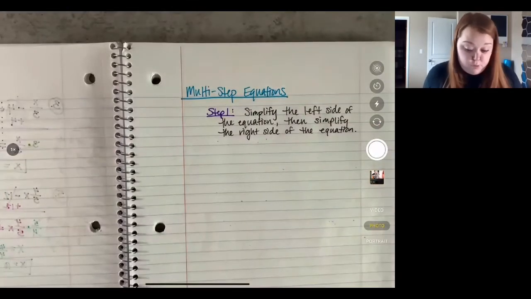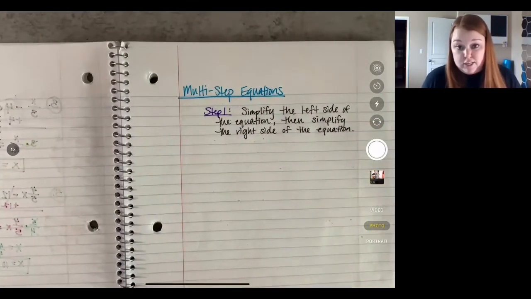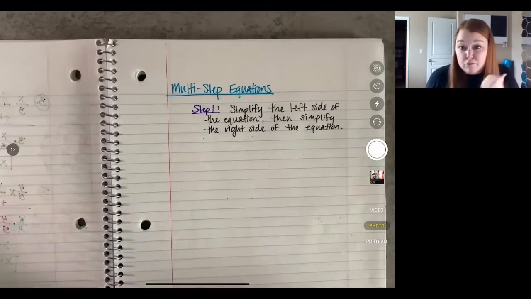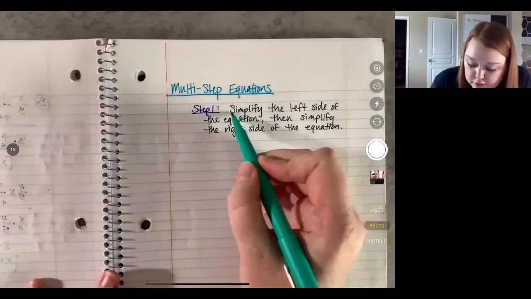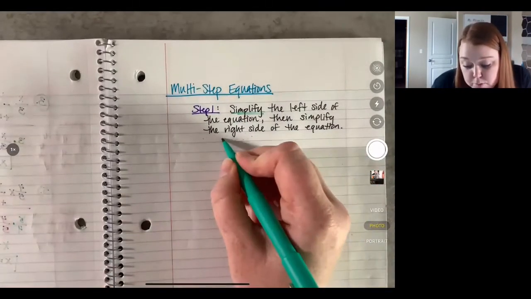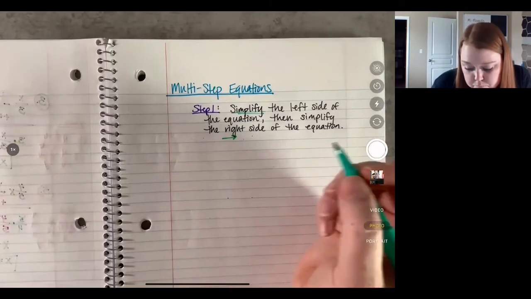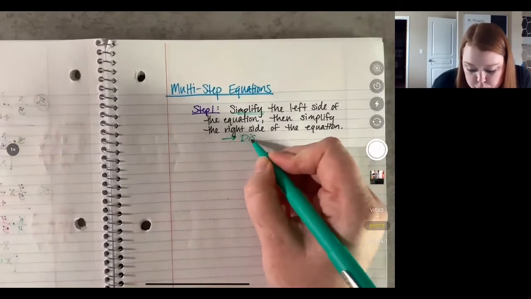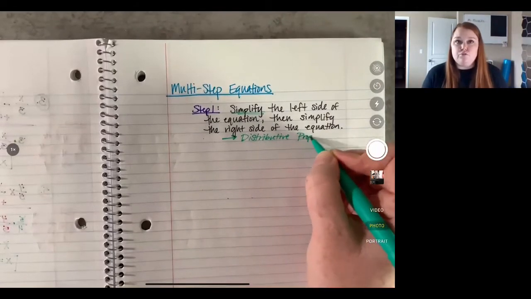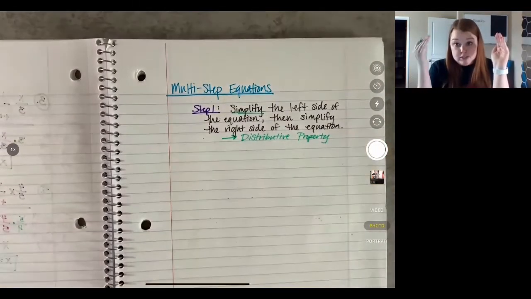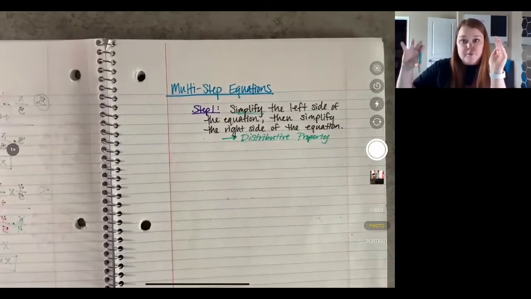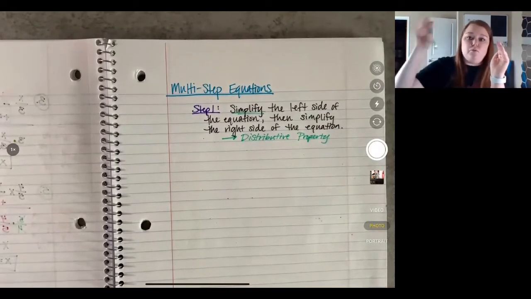Feel free to pause the video if you need to write that down. But simplify, we just went over that a few pages ago. Here are the two main ways to simplify in math. Distributive property. And remember, distributive property is used when there are parentheses and you can't simplify what's in the parentheses, but maybe there's a term or a number out front and you multiply it through.